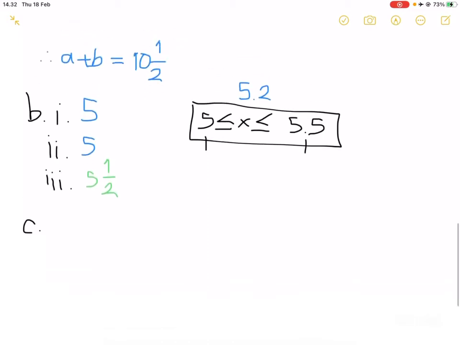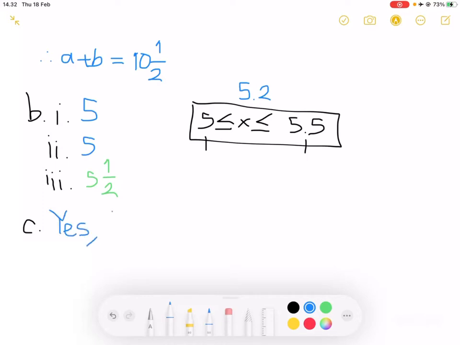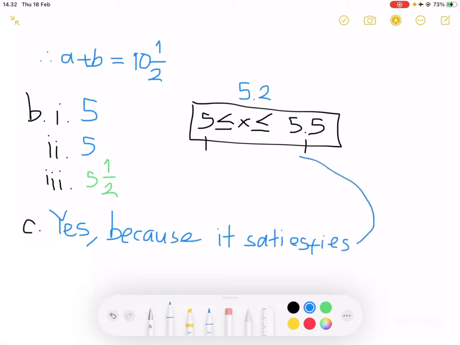And with that, we can just conclude that x equals 5.2 is indeed a solution, because it satisfies our solution inequality. So just write an arrow right here.